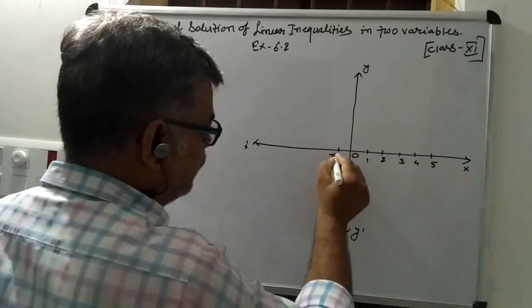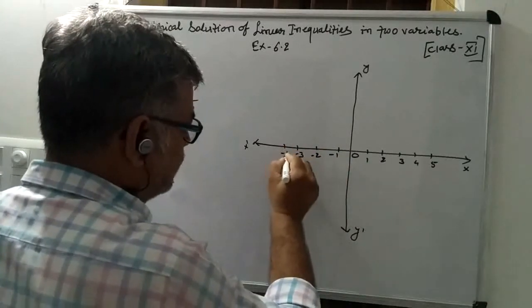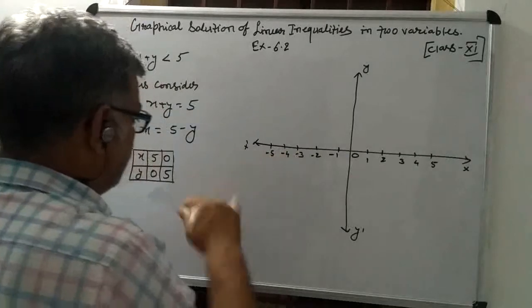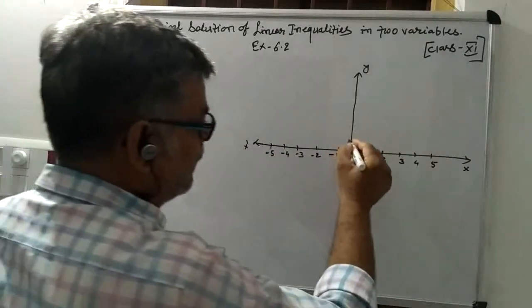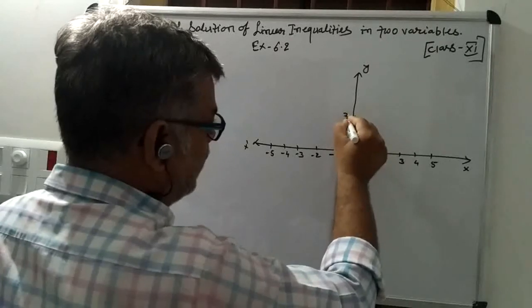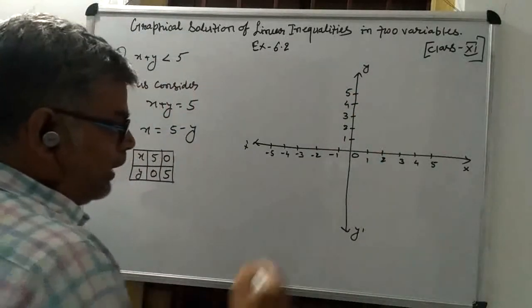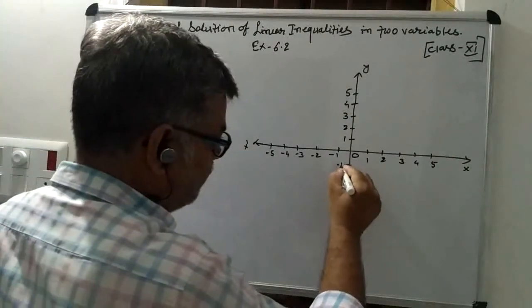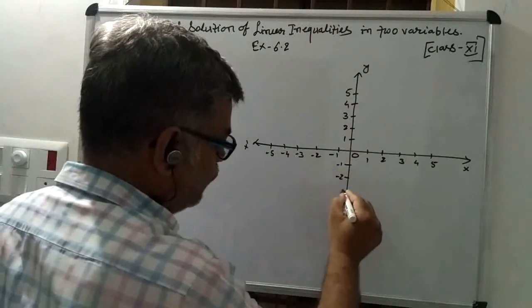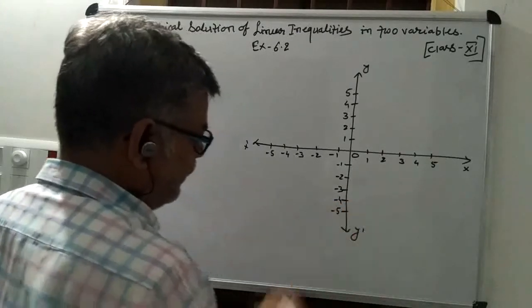Similarly on this side you need to plot -1, -2, -3, -4, -5. Here it is not needed, but plot it 1, 2, 3, 4 and 5. Now downwards it will be -1, -2, -3, -4 and -5.